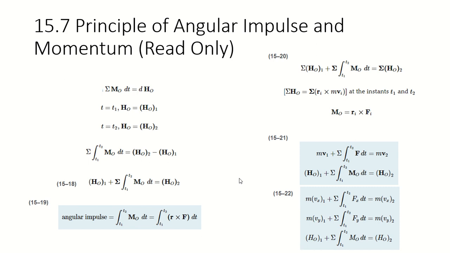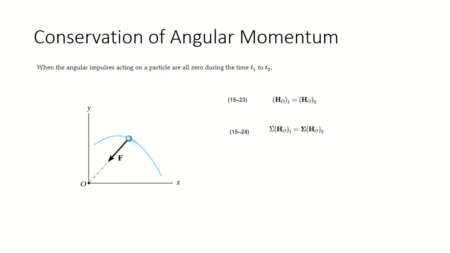Sometimes we break it up, but of course it's important for us to do it to tackle the problems of the world. Human life is very important in our perspective. Anyway, 15.7 is read only.